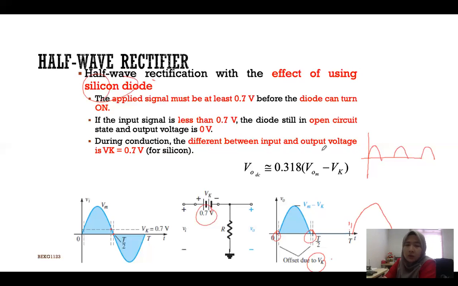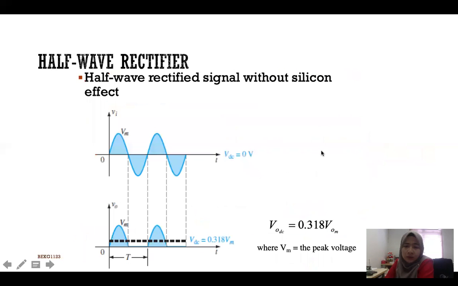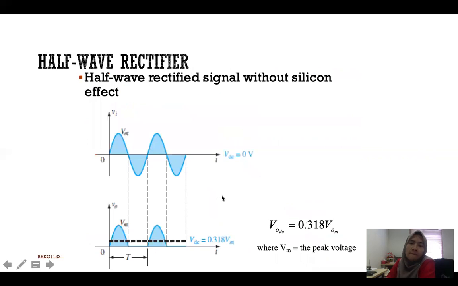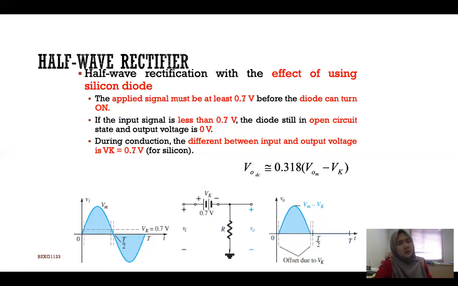But without the effect of silicon diode, VDC is 0.318 Vm. You need to minus the knee voltage here. This one no need to minus the knee voltage because the Vd is 0. So that is the difference when you have the effect of silicon diode.